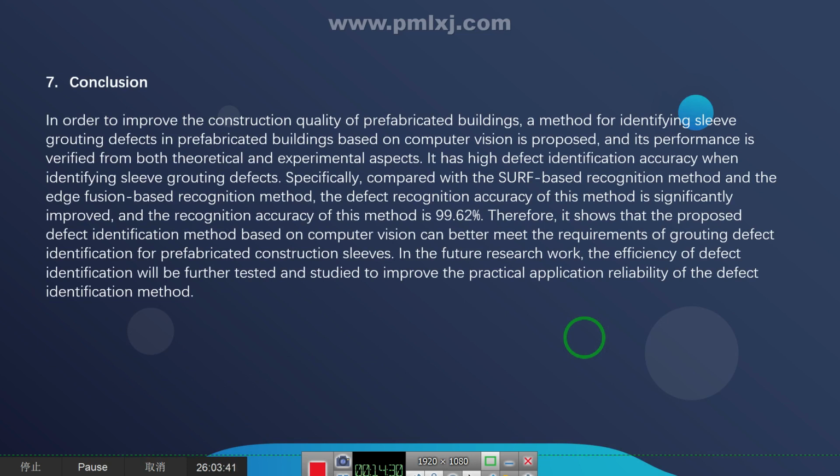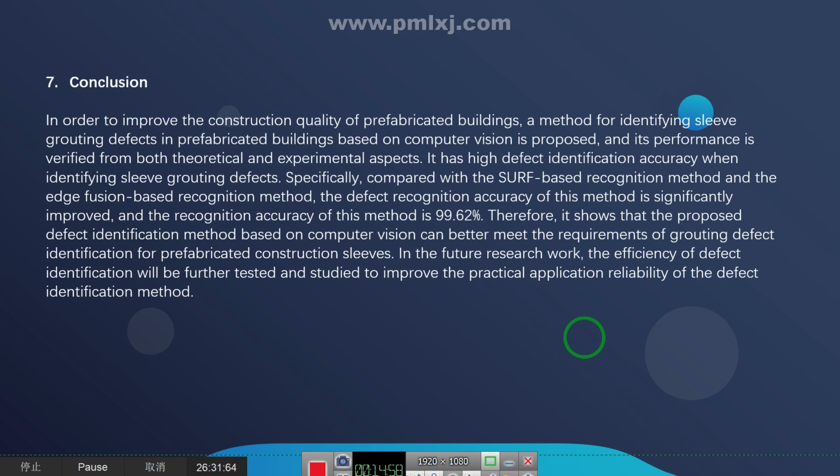7. Conclusion. In order to improve the construction quality of prefabricated buildings, a method for identifying sleeve grouting defects in prefabricated buildings based on computer vision is proposed, and its performance is verified from both theoretical and experimental aspects.